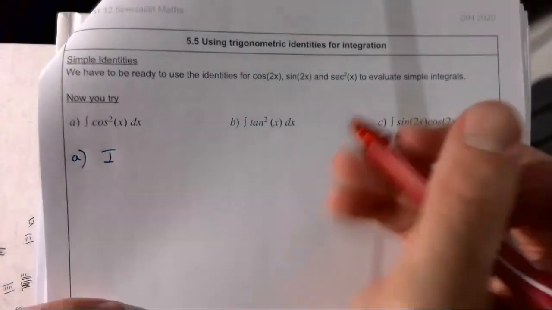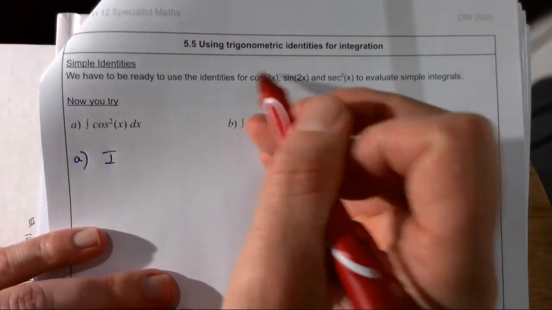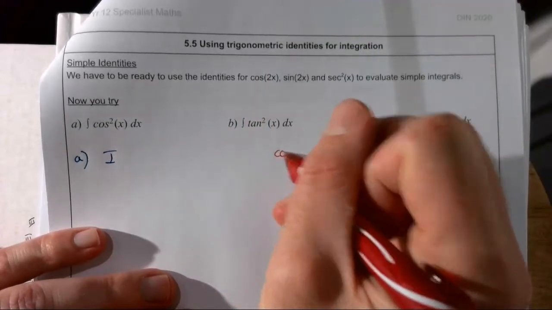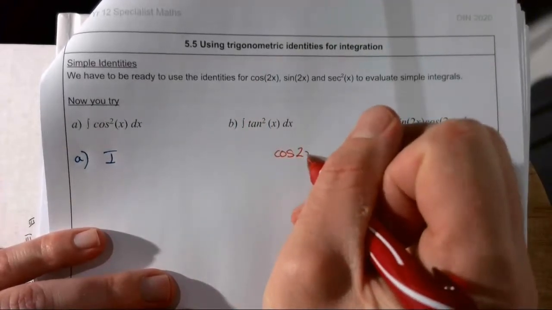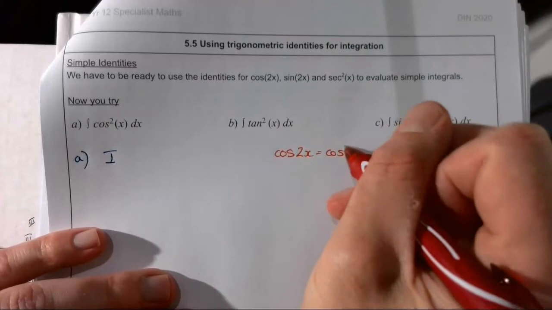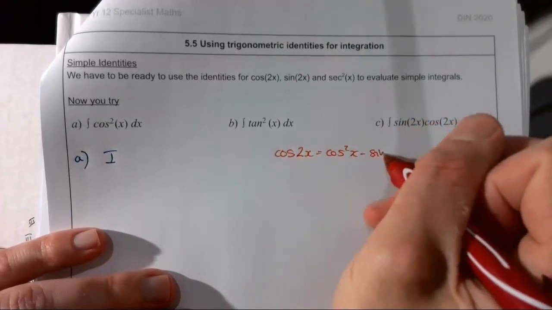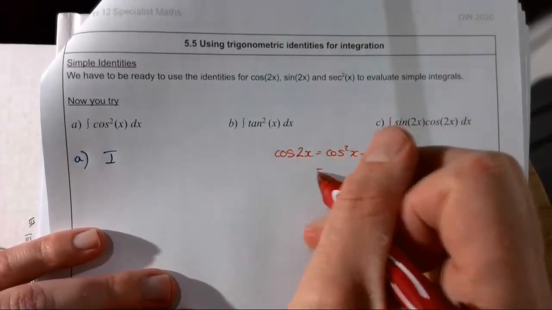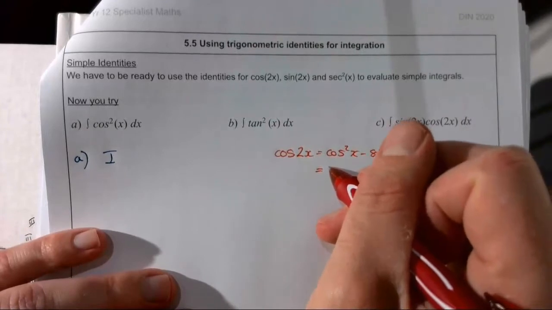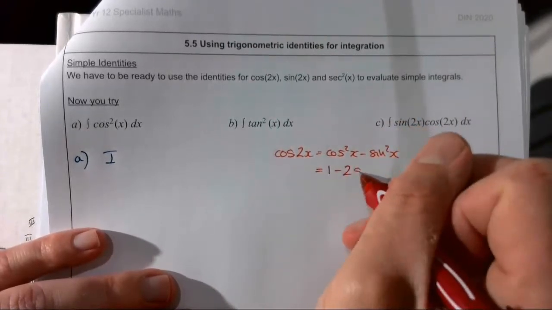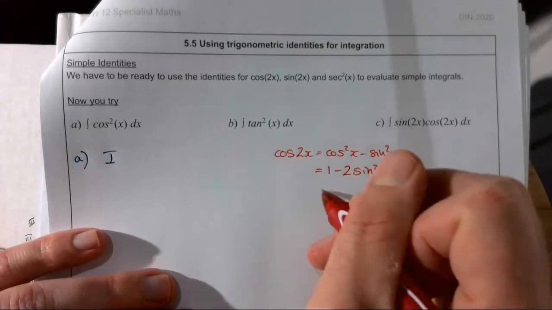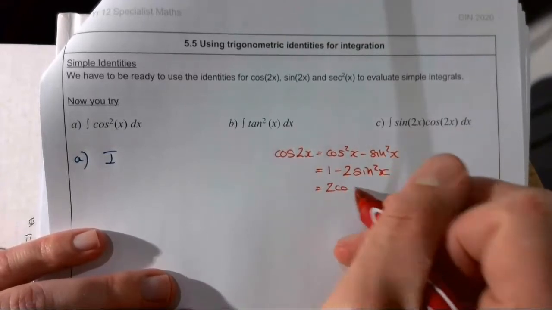I can see which identity I'm going to use there, because I'm going to use cos of 2x. So cos of 2x is cos squared minus sine squared, but that's not the form we really want. The forms that we're going to be interested in for these types of questions are the other two, so these ones.